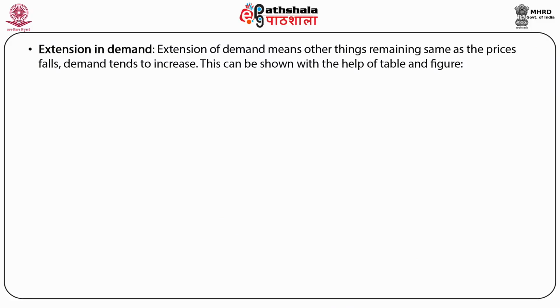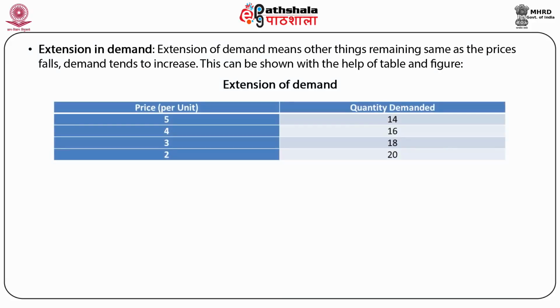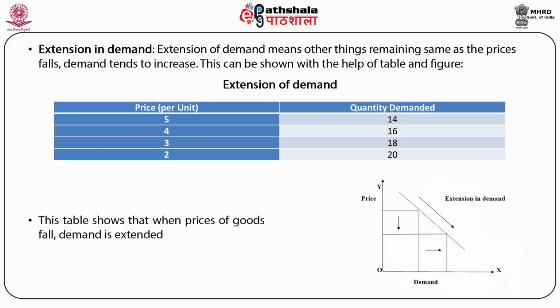Extension in demand. Extension of demand means if other things remain the same, as the price falls, demand tends to increase. This can be shown with the help of a table and figure. This table shows that when prices of goods fall, demand is extended.